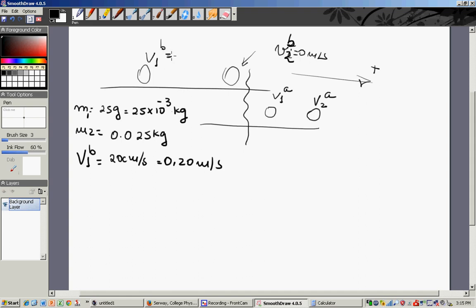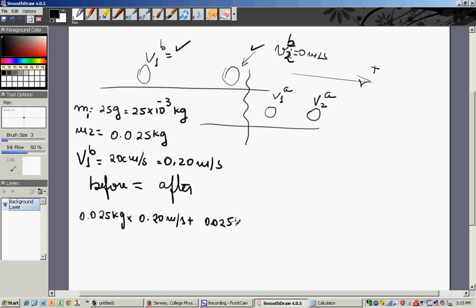Okay, so I have this and I have that. And I know the collision is elastic. So conservation of momentum allows me to write total momentum before equals total momentum after. So what is the total momentum before? m1 times v1 before plus m2 times v2 before.